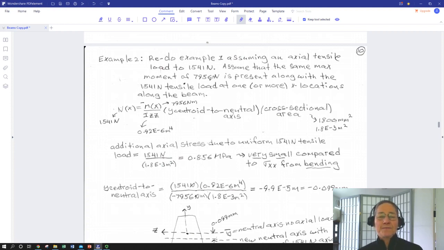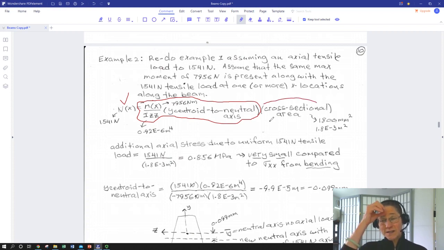We've got the same moment, and we're going to take a look at what's going on along the beam. So we put 1541 in for our axial load, not an axial stress, axial load, and that's going to be equal to basically our flexure component, with this time instead of y being the distance from the centroid to our maximum tensile axis, now we're looking at the centroid to neutral axis, and then the cross-section area.